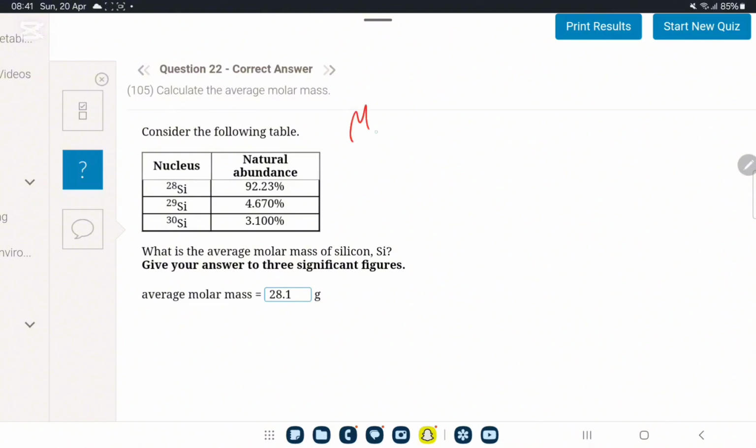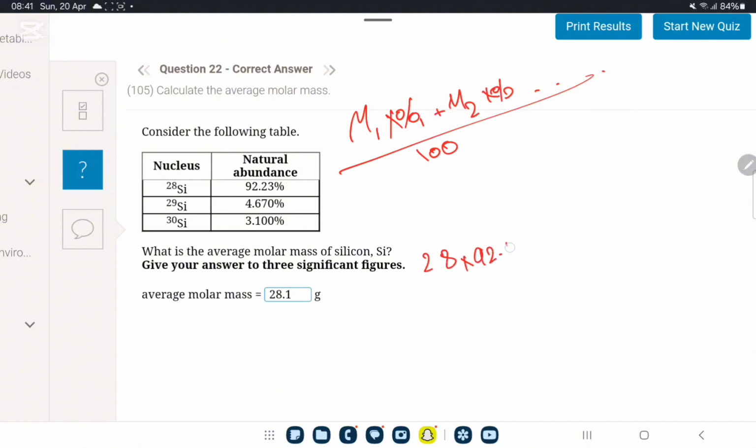It is molar mass 1 times percentage of 1 plus molar mass 2 times percentage of 2, and so on, over 100. So we have first molar mass 28 times 92.23. That's our 1. Our 2 plus 29 times 4.67. That's our 2.